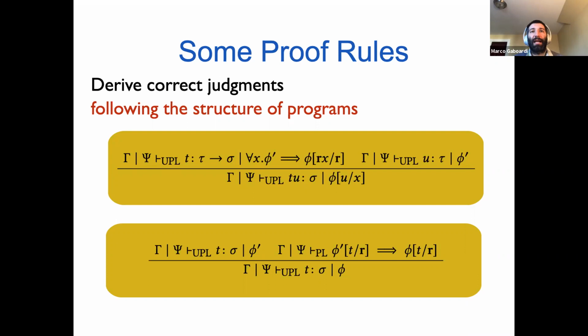In general, we also have subtyping, which is important because it is the connection, and you see this in the second rule, between our unary system and the underlying logic. V-PL is the underlying logic, while, as I said, V-UPL is the unary system.